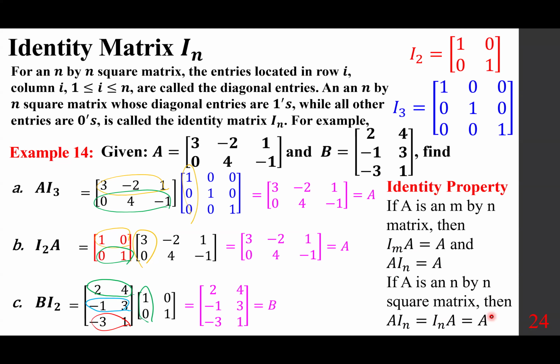When you multiply by an identity matrix of proper size, whether you multiply from the left or right, you get the same answer. That's the identity property of multiplication of 1 by any number. You get the same number. It's the same concept here.